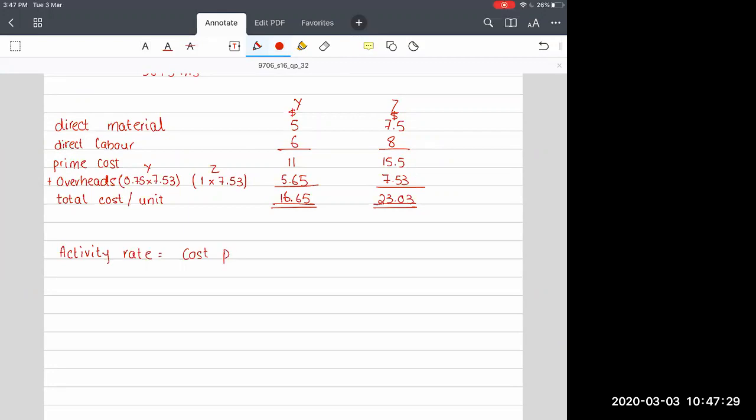We have 3 different cost pools. Now, first of all, our cost pool is machine maintenance overheads. And what are machine maintenance overheads? Machine maintenance overheads were 8,500 divided by number of production runs.